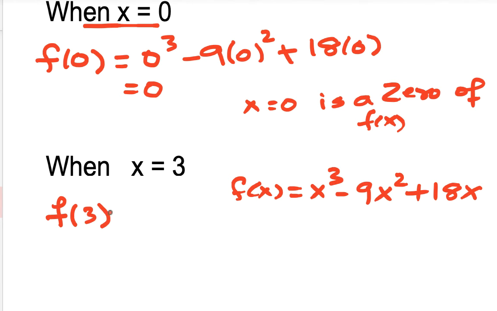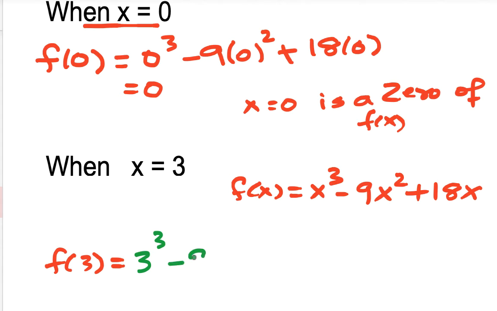If f of 3 is 0, that means yes, it is a zero of the function. So let's go ahead and write f of 3 here. So let me erase this one. Now, wherever x is on the right-hand side, replace it by 3. So you will have 3 cubed minus 9 times 3 squared plus 18 times 3.